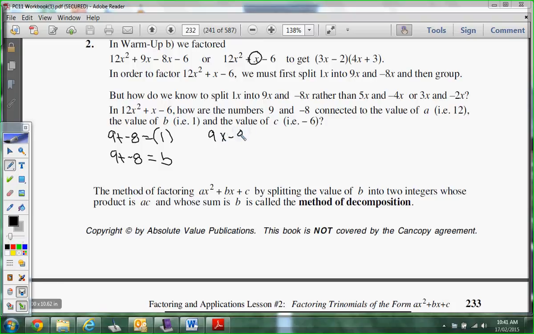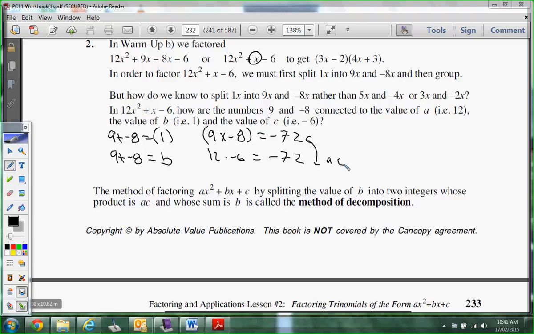Nine times a negative 8 equals negative 72. 12 times negative 6 equals negative 72. So these are equal. So AC is the same as multiplying the two numbers that get you B.